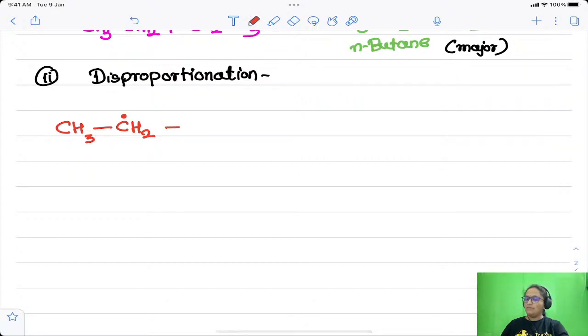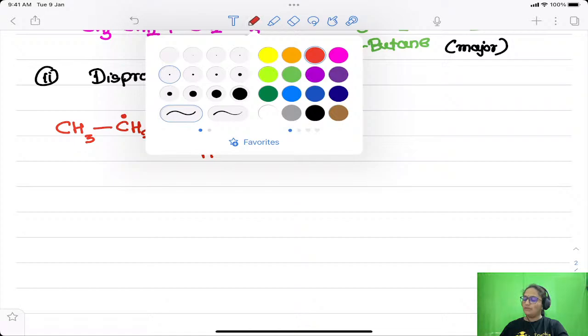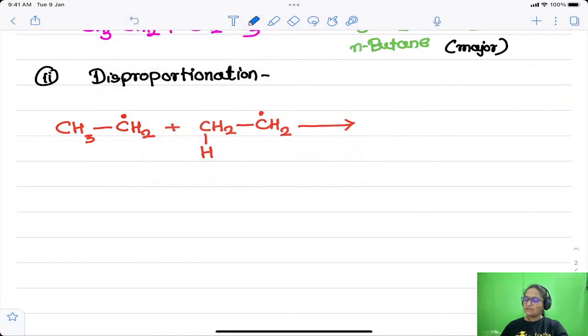It will combine with another radical. That other radical I will write down like this: instead of CH3CH2, a hydrogen. Okay, so they are going to combine with each other. How? They are not going to undergo dimerization but a different type of reaction.